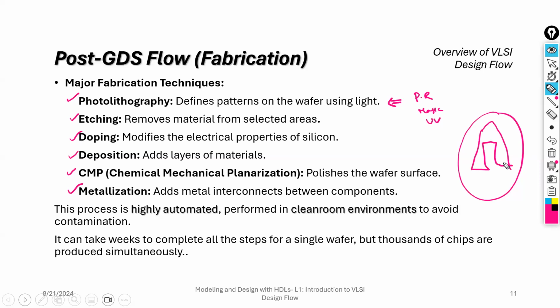Etching removes the material from the selected area. Unwanted materials can be removed from the wafer with the help of the etching process. If you want to create, for example, source and drain, this is called doping, for example P plus diffusions. Next one is deposition.